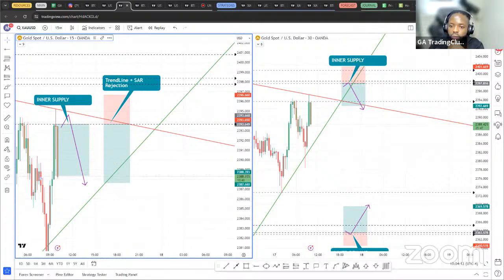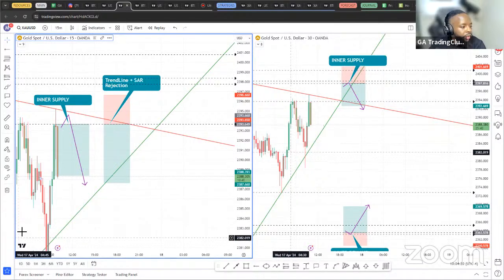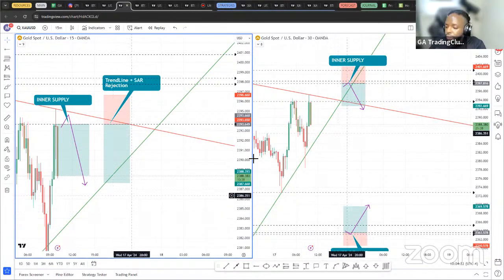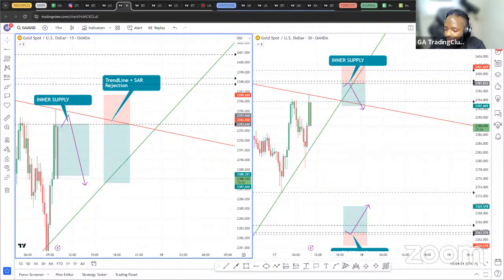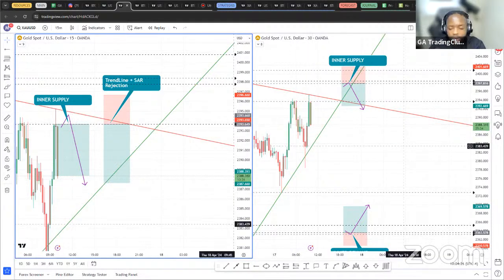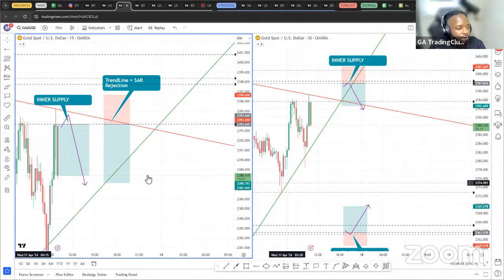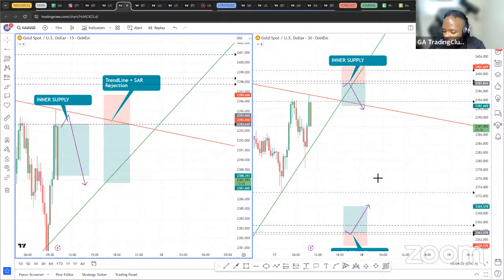Yeah, and gold would have been at full TP if you held. So for me, I exited around here at break even, but we had that spike. So if you held, you would be up whatever percent you risked.